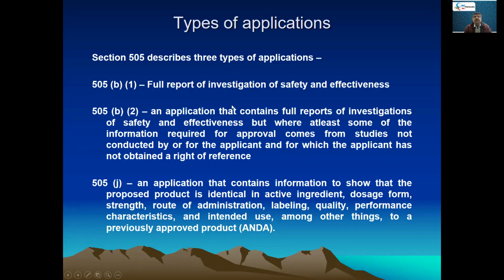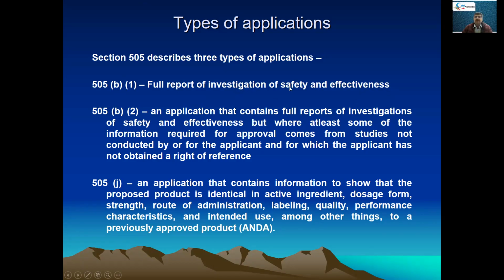We have discussed previously that there are mainly three types of regulatory applications that are used in USA for approval of the new products. The first one is called the 505(b)(1) or the new drug application or NDA, where the full report of investigation of safety and effectiveness is submitted to the US FDA.